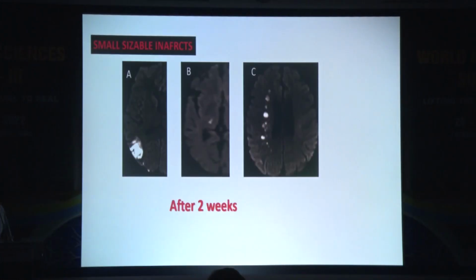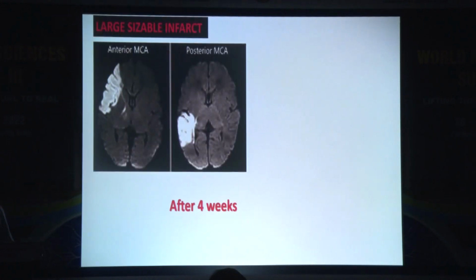The decision is to be taken only to prevent the reperfusion injury, because if you are aggressively treating the carotid artery stenosis in a patient with a sizable infarct, the patient can have a rebleed or hyperperfusion injuries. So in cases of small infarcts, we prefer to do it after 2 weeks to prevent hyperperfusion injury. In large sizable infarcts, we prefer to do it after 4 weeks.